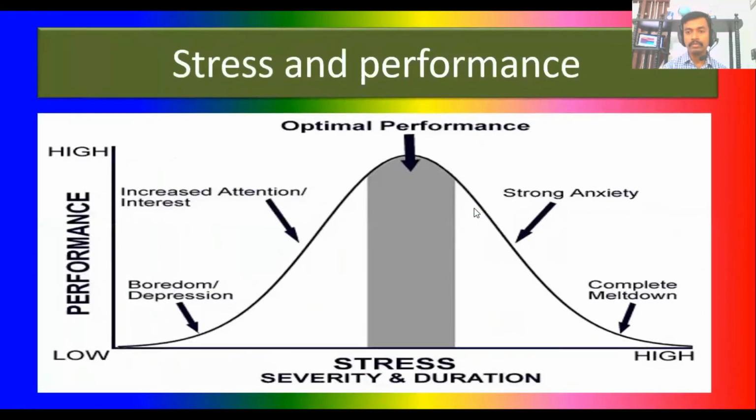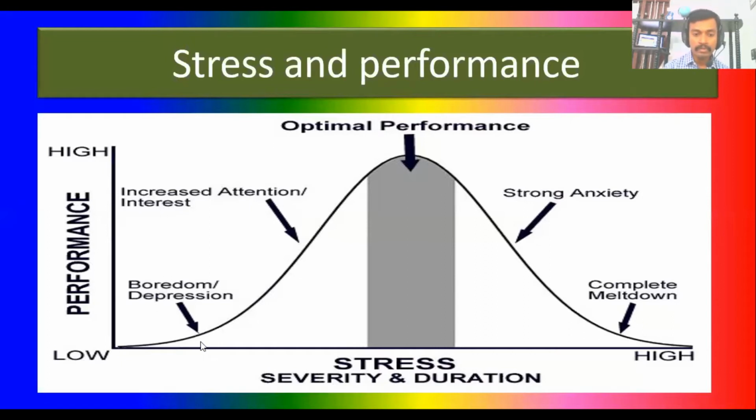So short, moderate, severe. Look at this bell curve, the relation between stress and performance. The X-axis represents stress, severity and duration. The Y-axis represents performance. When stress increases, performance increases.